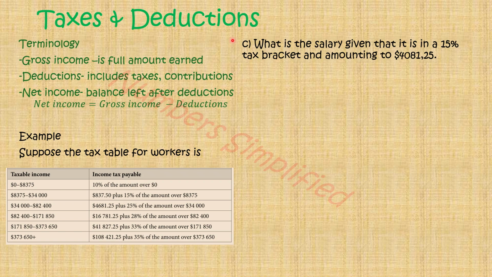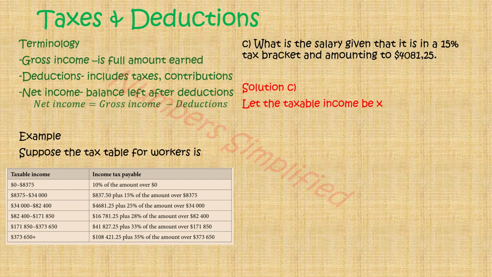Part C is a little bit different. It goes like this. What is the salary given that it is in a 15% tax bracket and the tax amounts to $4,081.25? So the solution: let the taxable income, which we do not know, be X. So this is like introducing algebra into financial math.